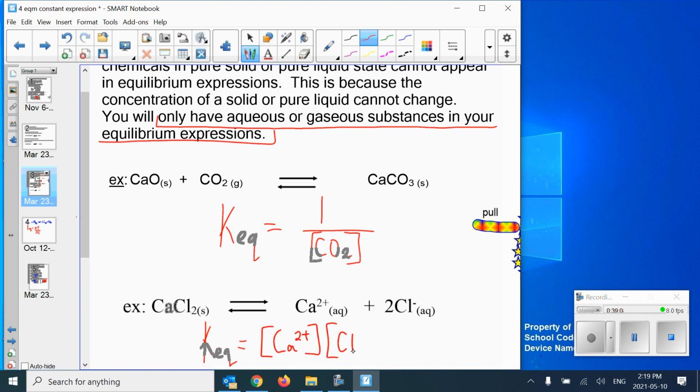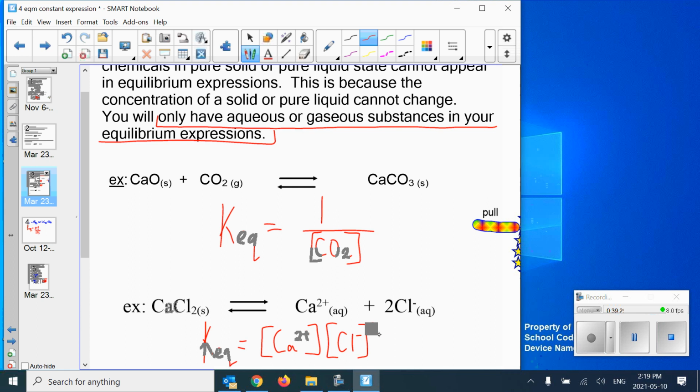Times Cl minus. Okay, this is it, because the denominator would have a solid. Make sure your charges are inside there. That's how they do it.